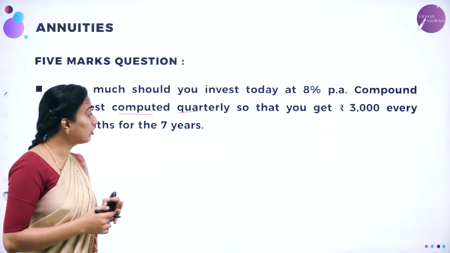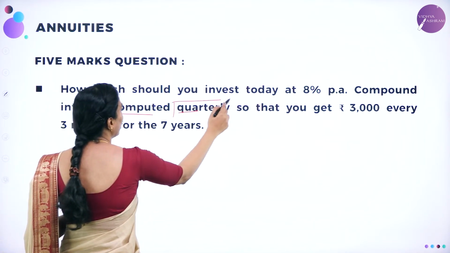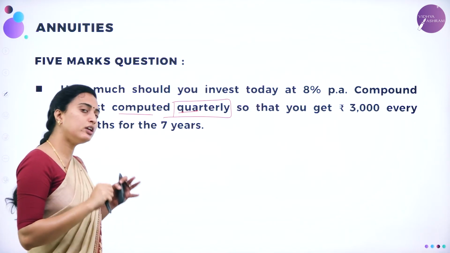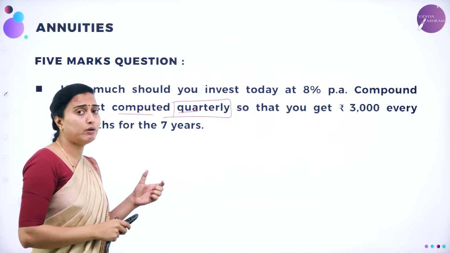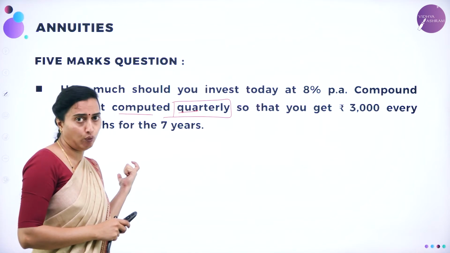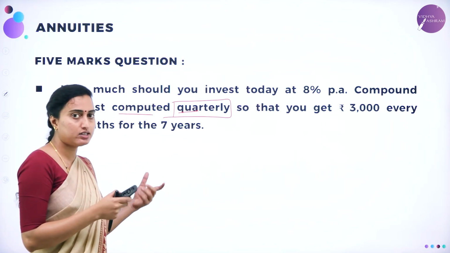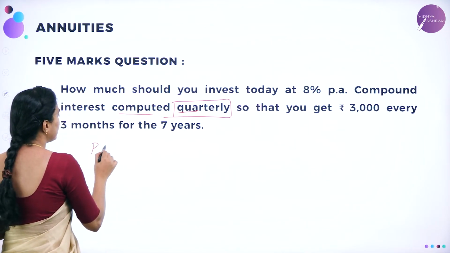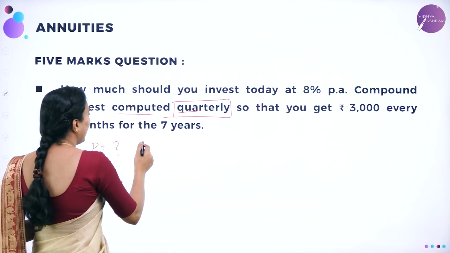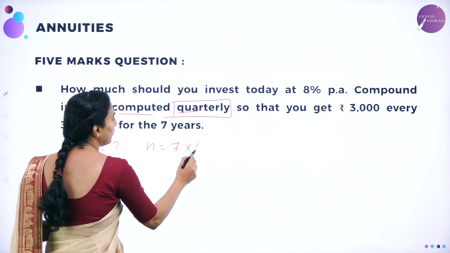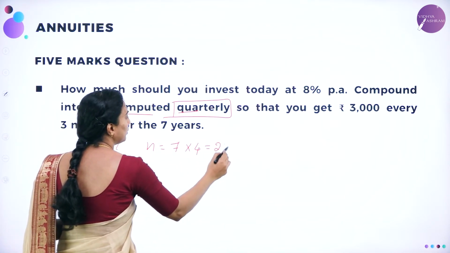So what you need to do? Compound quarterly means you are going to have 4 times in a year, correct? So in a year 4 times means you should multiply the number of years by 4 and divide the rate of interest by 4. That's it. So here we need to calculate present value is equal to question mark, and then number of years they have given 7, but quarterly compounding means 7 into 4, which will be equal to 28.